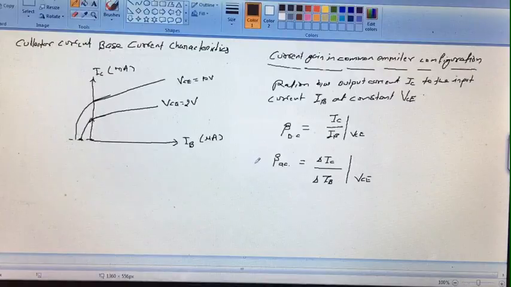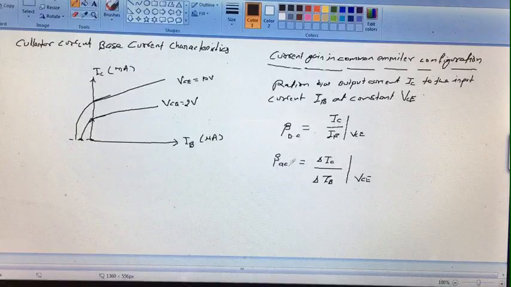Current gain is defined as the output current to the input current at constant collector emitter voltage. When we consider the DC current gain, it is the particular output current upon particular input current at constant collector emitter voltage.